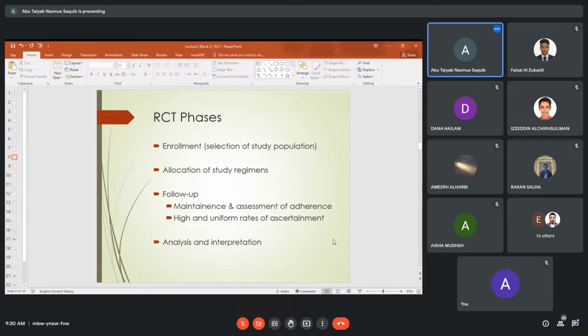Now, you want to do a randomized controlled trial. Remember, in terms of theory and how it is conducted, it's very simple. Simple yet very powerful.